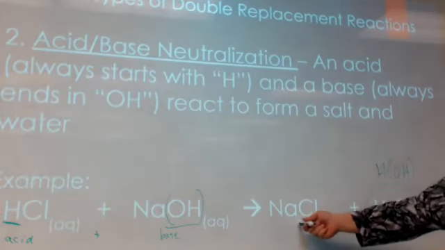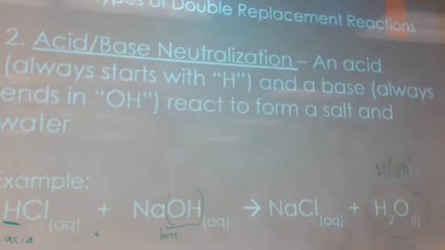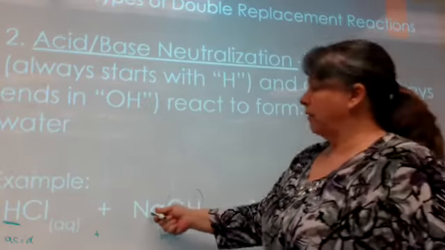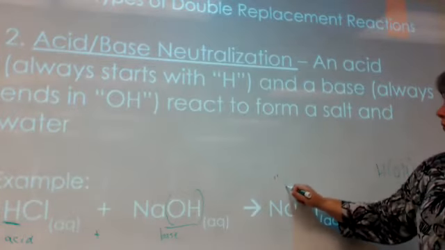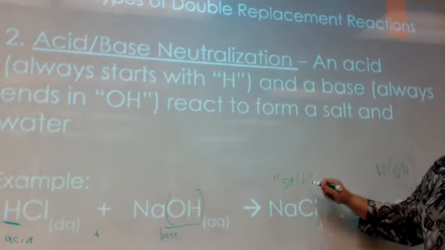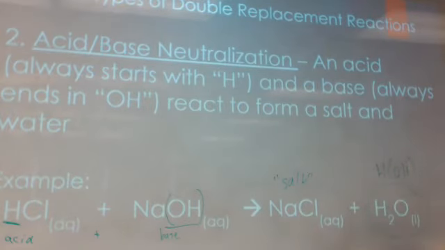And then the other product comes from the other two ions. In this case, we have a sodium ion and a chlorine ion. We give the general term to the other compound as a salt. Okay, we said that a salt is really any ionic compound. So there you go, there's your any ionic compound.